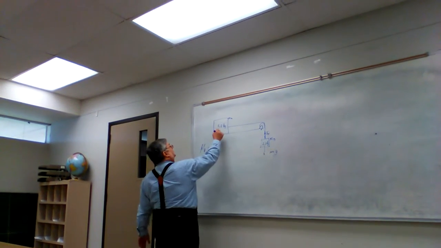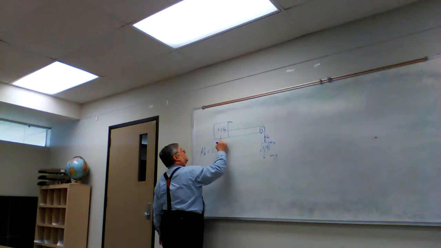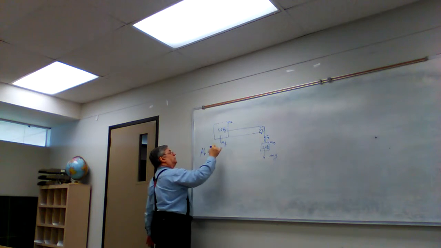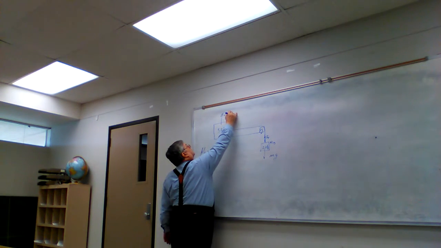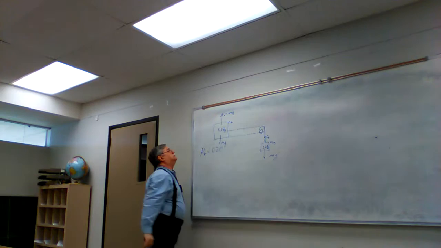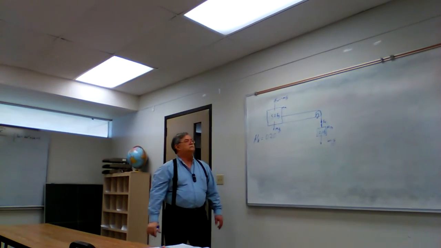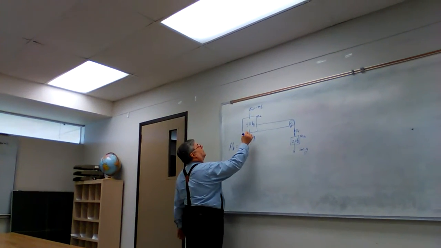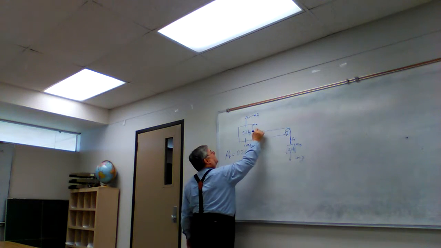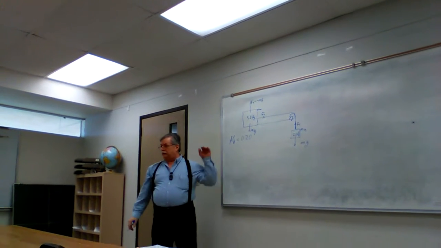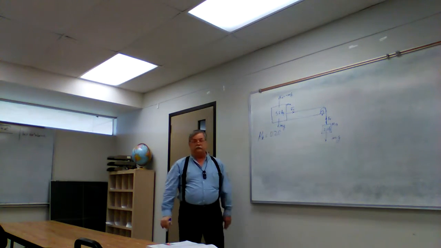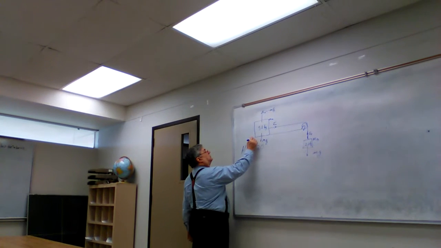So let's look at this next box. We have mass times gravity pulling down on the box. We have a normal force of minus mass times gravity pushing back up. Here we have the force of tension in the string pulling it horizontally to the right, that we'll call positive.